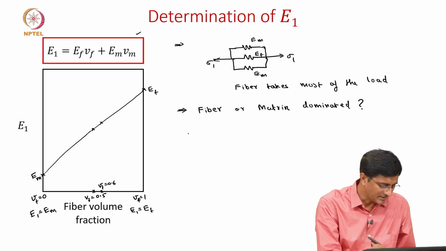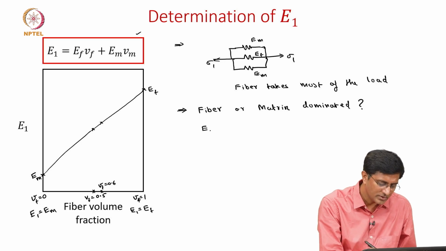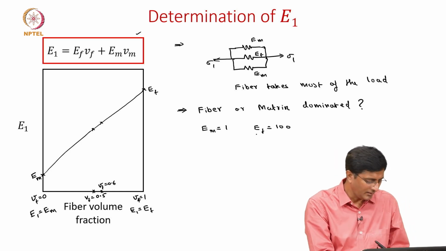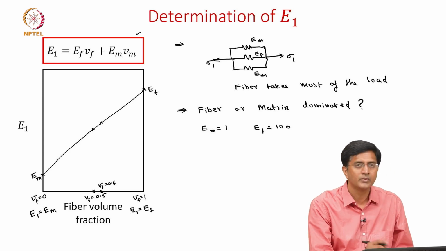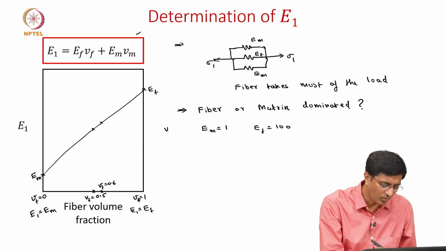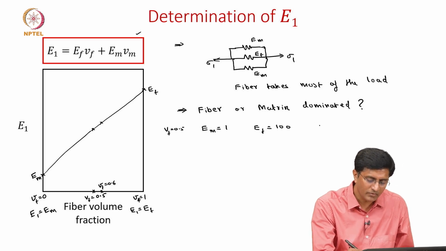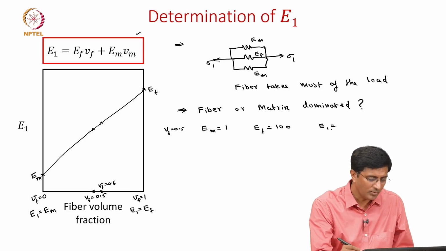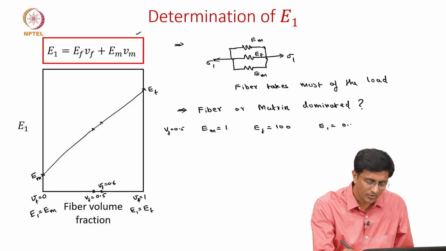So let's say for example, the E of matrix is 1 and E of fiber is, let's say, 100. And since in practical situations the volume fraction is somewhere around 0.5, what will be the value of E1? We can just plug in this formula. It should give us 0.5 plus 50, which is 50.5.